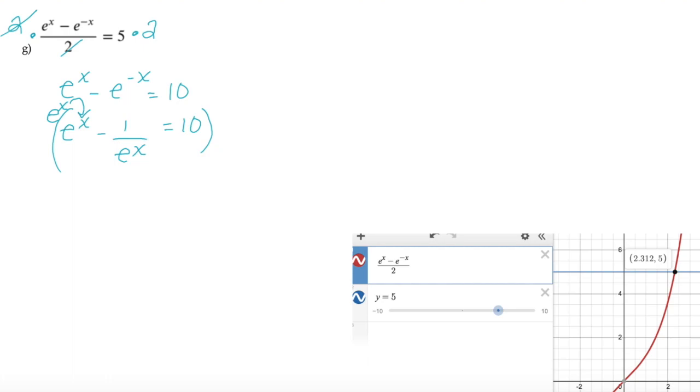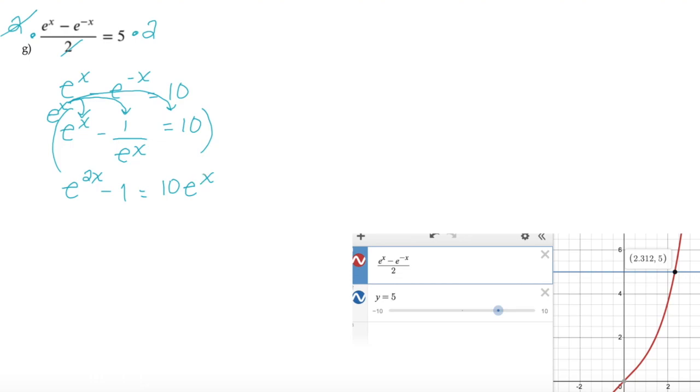When we multiply our bases, we add our exponents, so x plus x is 2x. When I multiply e to the x times 1 over e to the x, that will be eliminated, so we'll just have 1 left over. And that will be equal to 10 e to the x.